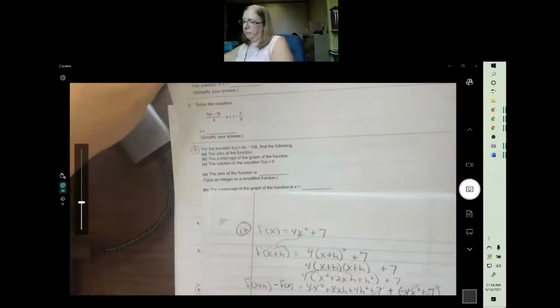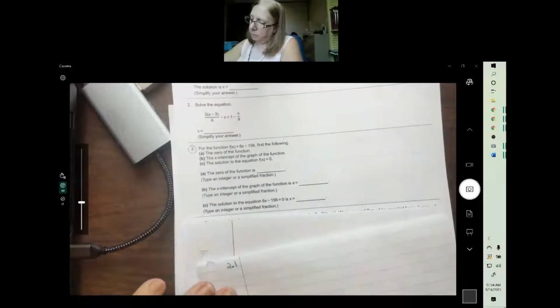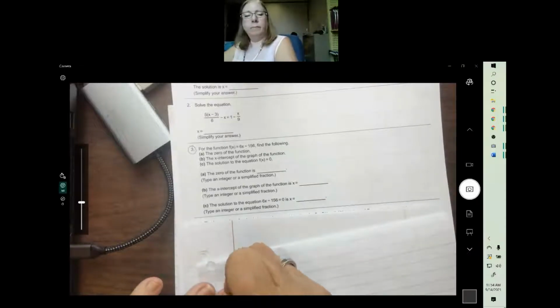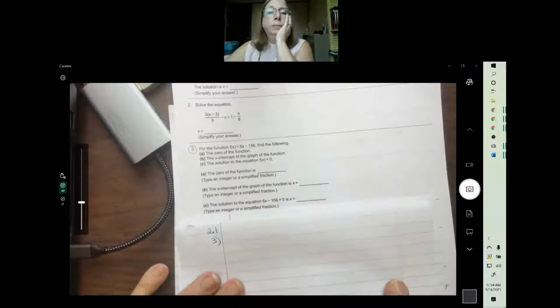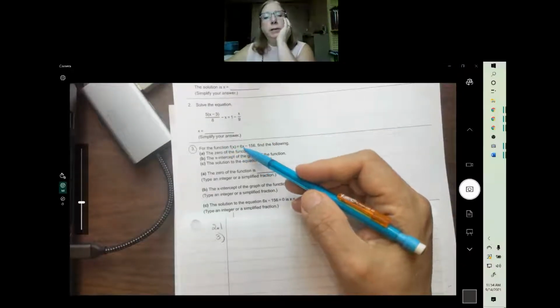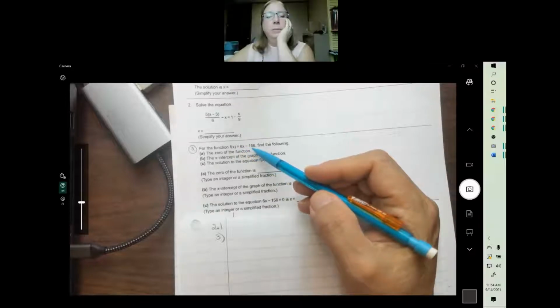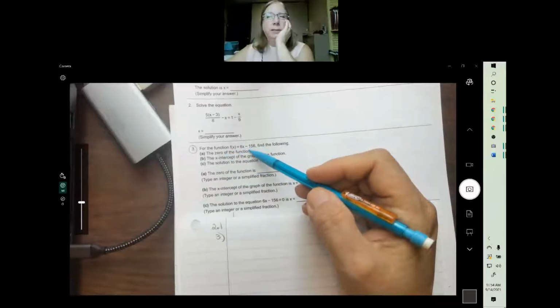Number 3. For the function f of x equals 6x minus 56, find the following. Find the 0 of the function. How do we find the 0 of the function?